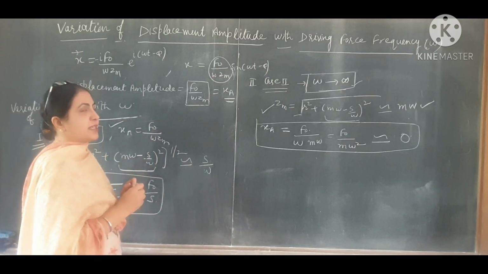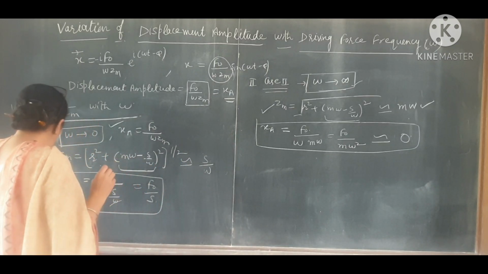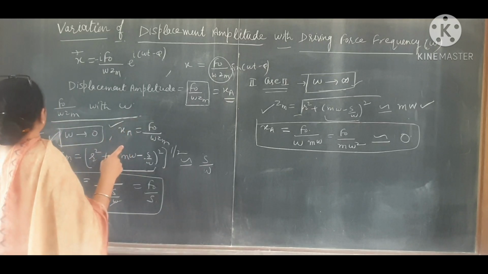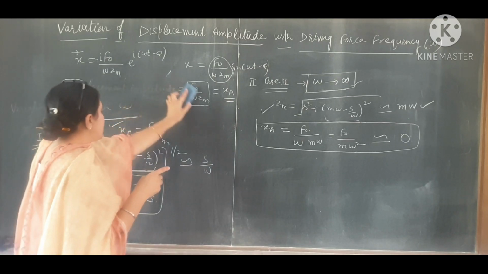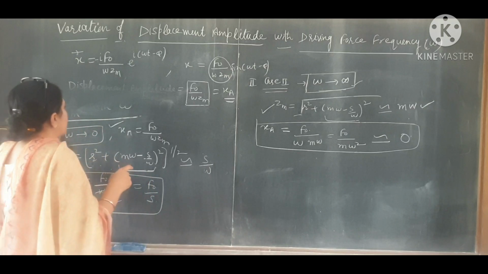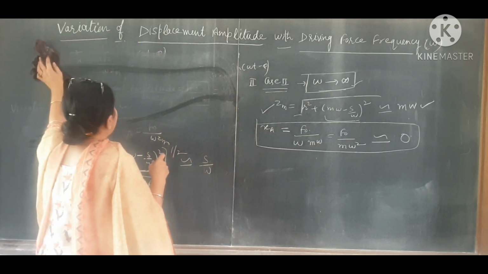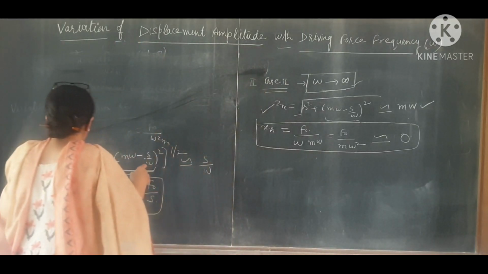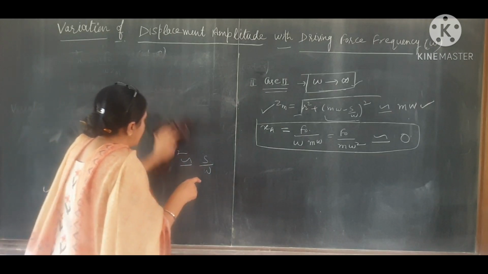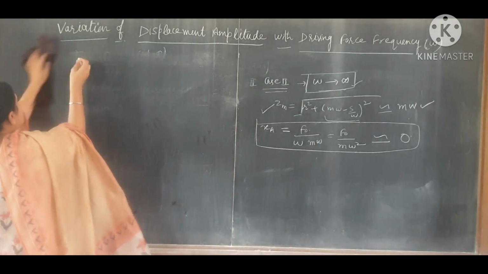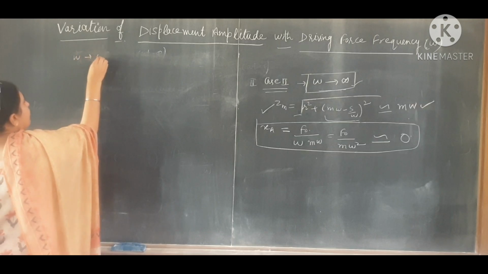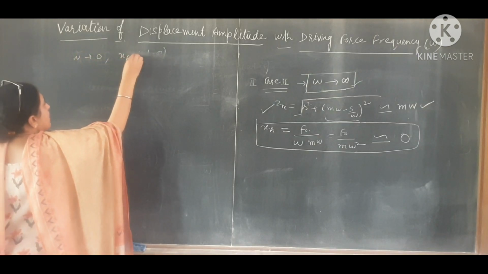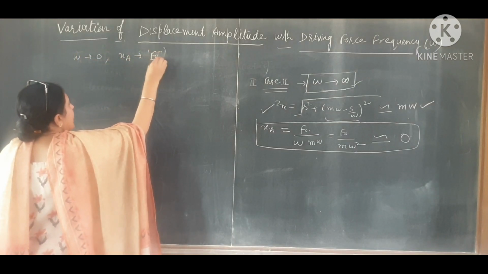Now the third case, that is very important. So first of all, I write these two cases here, then we will do the third case. So I rub it and write the values of first and second. When omega approaches 0, xa approaches f naught over s.